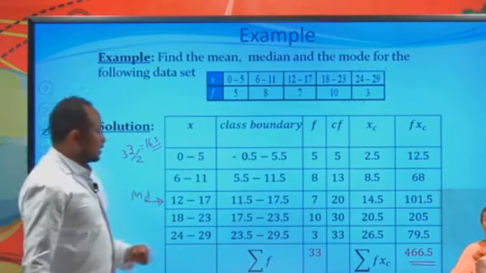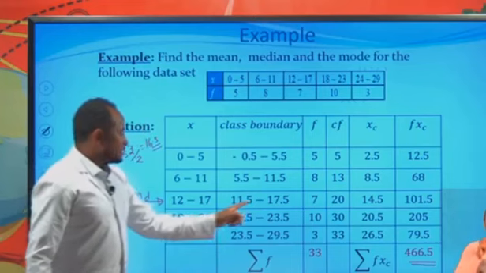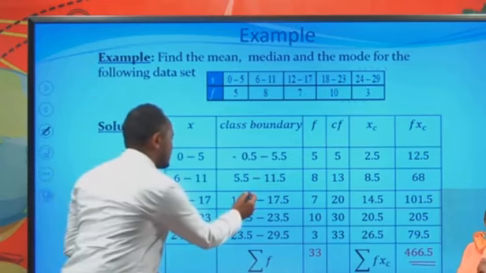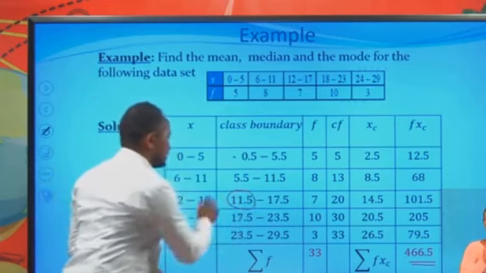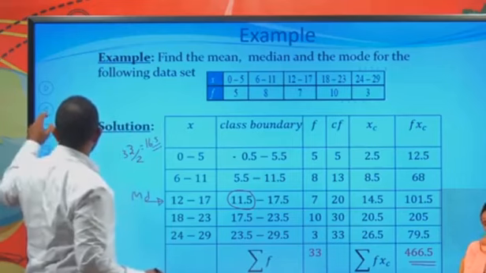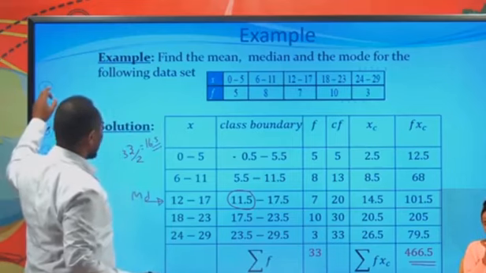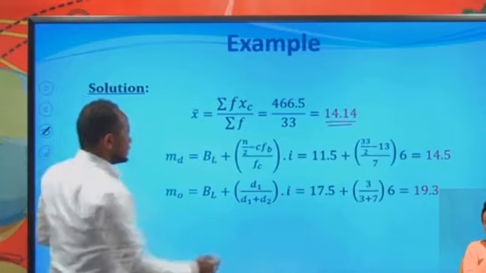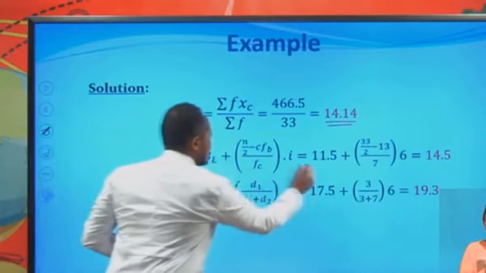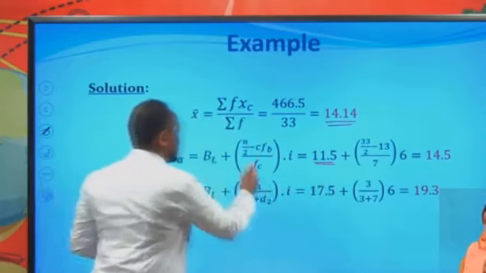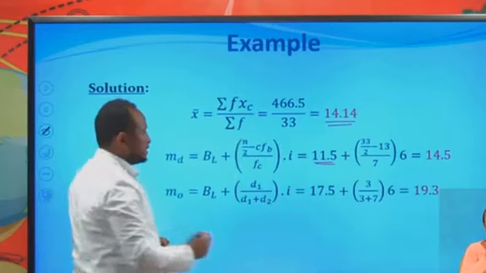Therefore, from the median class, its lower class boundary BL is 11.5. The total number of data is 33.